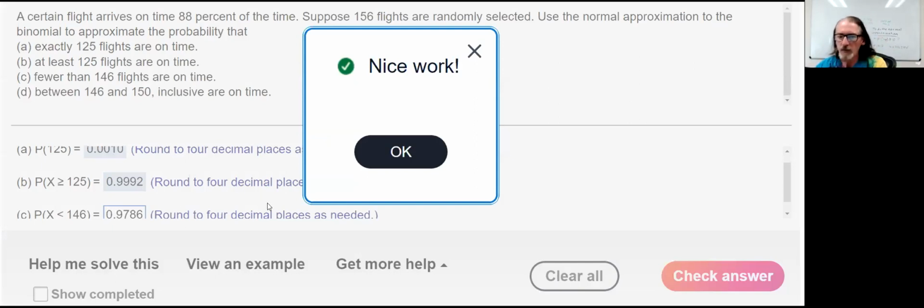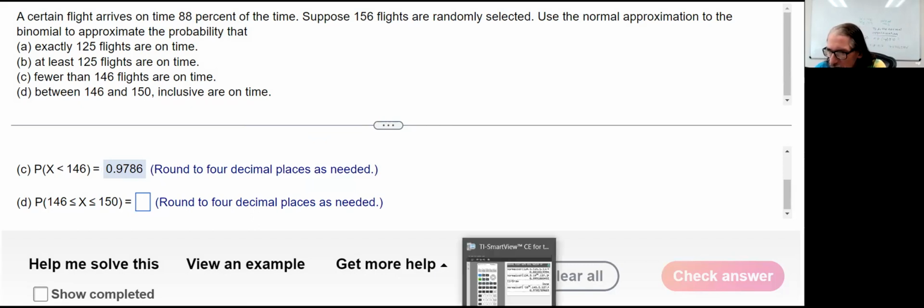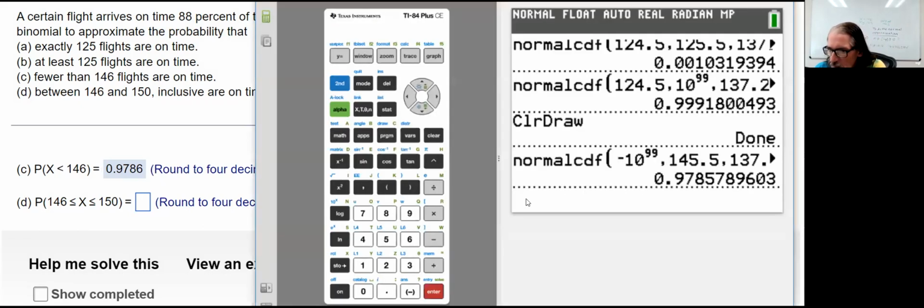And finally, part D, the probability that we would be between 146 and 150. That's actually going to be similar to part A, but we go to the left of the 146 by half a unit with a continuity correction, and half a unit to the right of the 150.